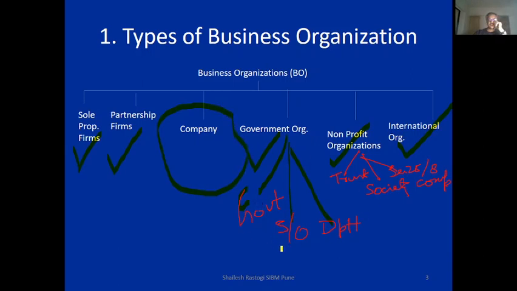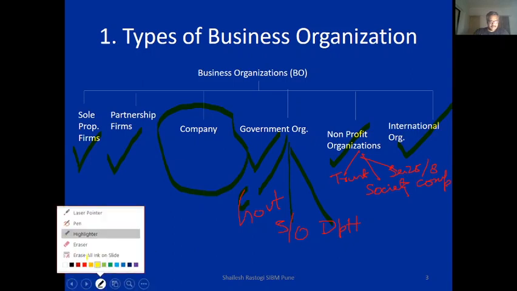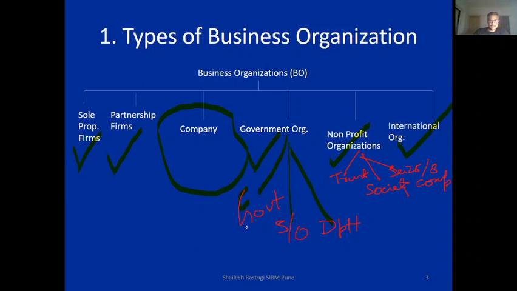When we talk about government organization, as I was saying, there are some government companies, and these can be linked to this. I'll elaborate on companies.